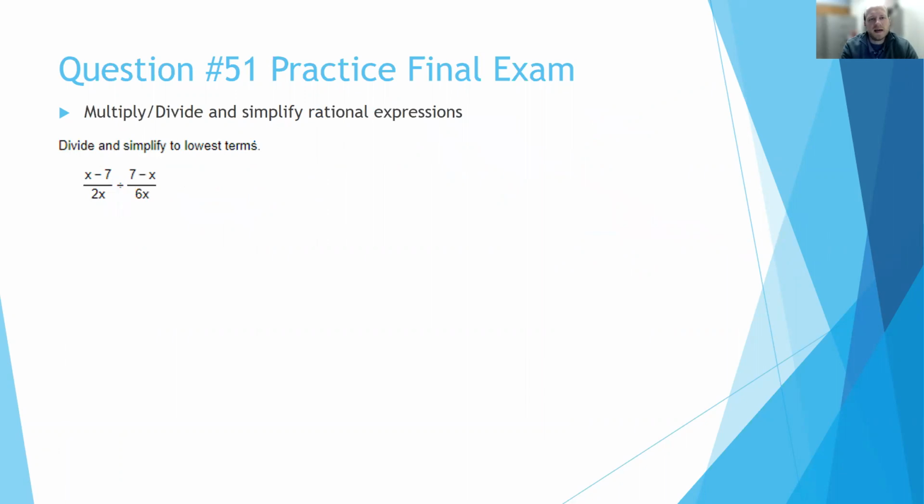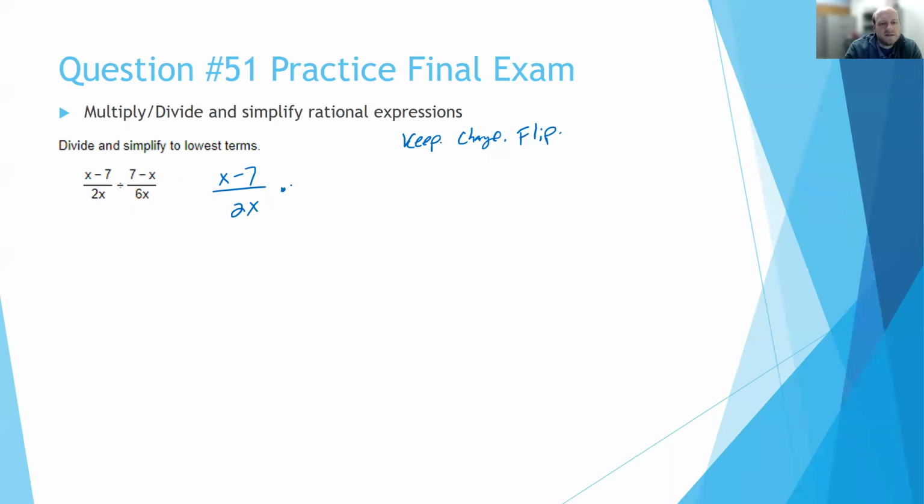All right, multiply, divide, and simplify rational expressions. Remember, when you have division in here and you're simplifying, we learned in chapter 7 that you keep, change, and flip, right? So I'm going to keep this first expression, x minus 7 over 2x.